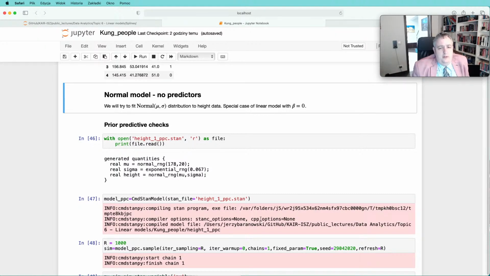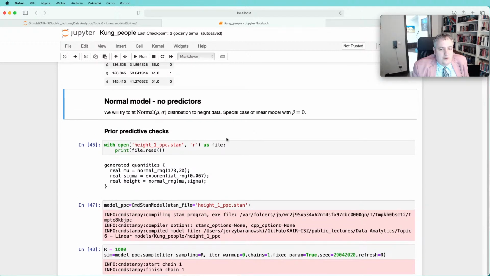At the moment, there is an issue with CmdStan, at least on Mac. I'm not sure if this is on Windows or not. You can answer in chat if you observe it. If you have blank spaces in folder names, like here, then you have to compile it every time.